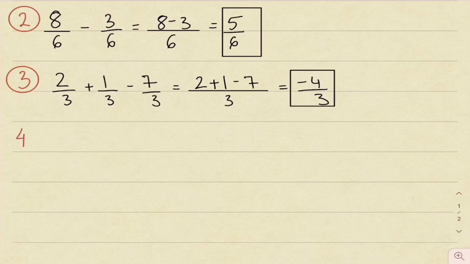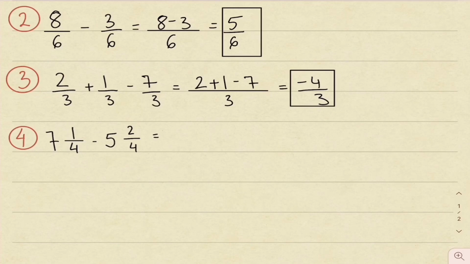Now let me do an example with mixed numbers. Let's say I have 7 and 1/4 minus 5 and 2/4. Before I subtract these two mixed numbers, first I have to convert them into improper fractions. Again, if you don't know how to convert mixed numbers to improper fractions, please go watch our lesson 3.